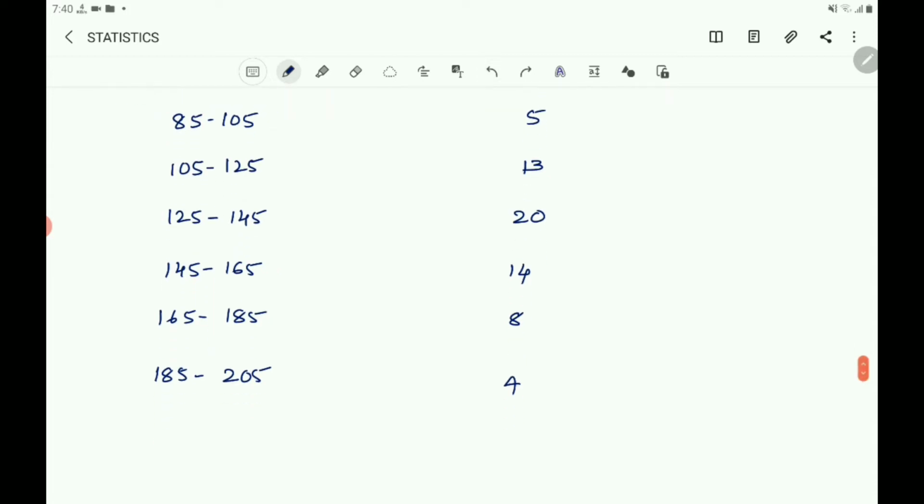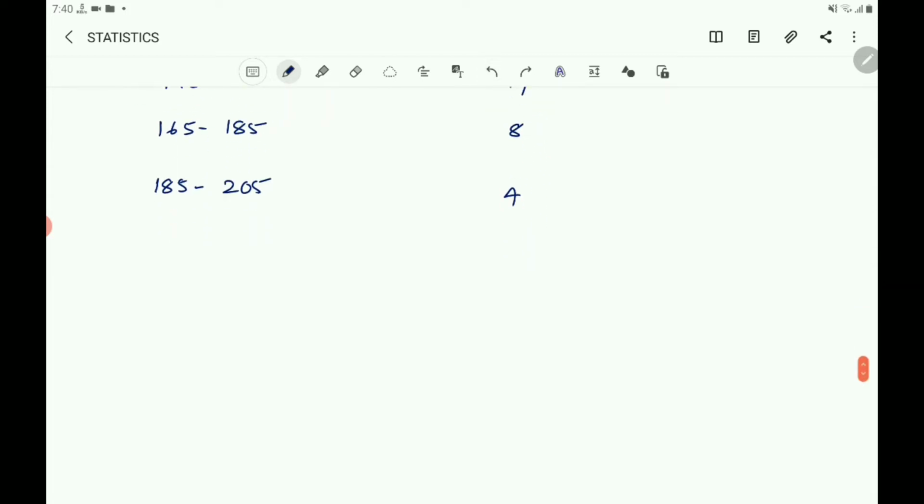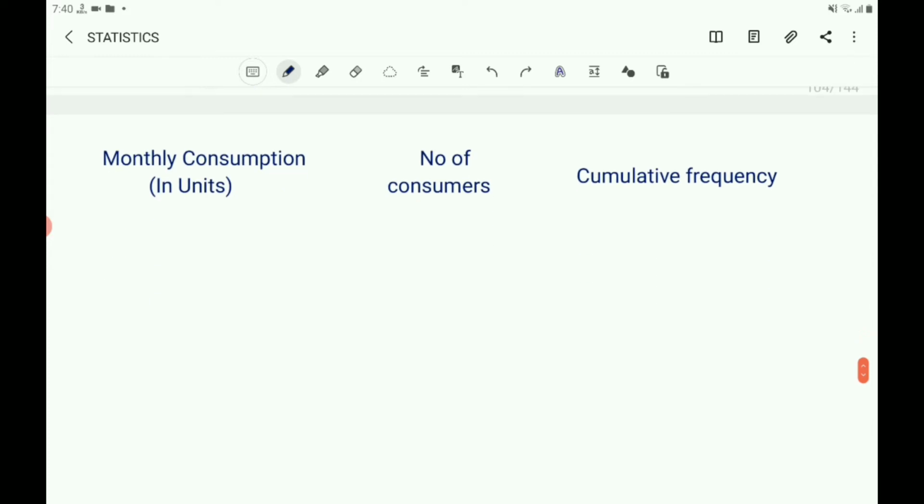Now it is a frequency distribution. Let us tabulate the data, and also take a third column for the cumulative frequency.